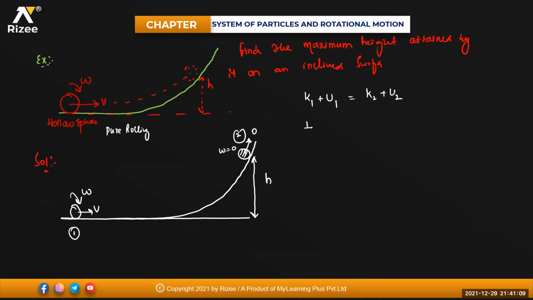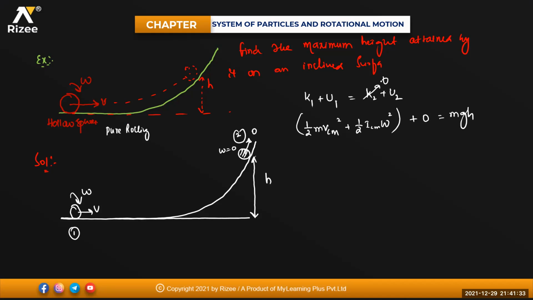So K1 is initially how much, beta? Half into M into VCM square plus half into ICM into omega square, as it is rotating. Both kinetic energy due to translation plus rotation. Initial potential energy will be equal to 0. That is equal to mg into h. Final kinetic energy is also 0.